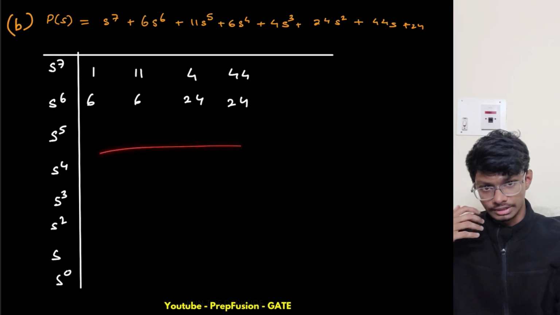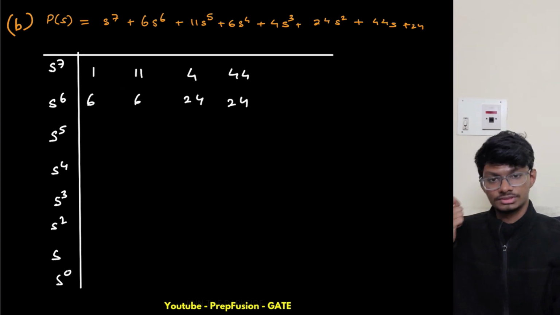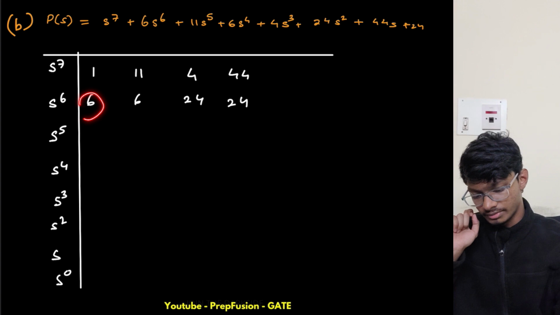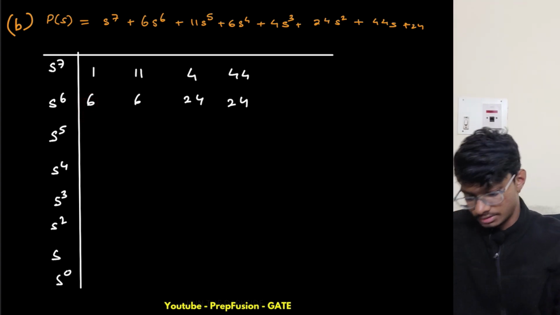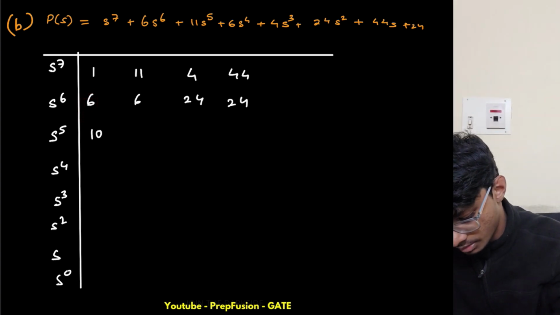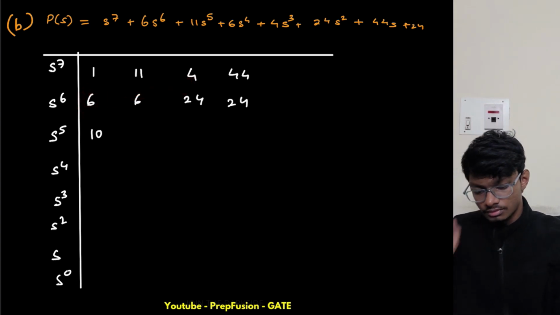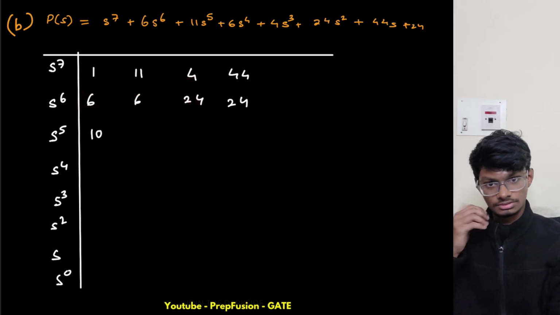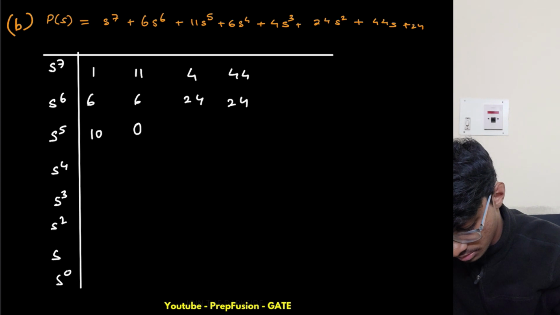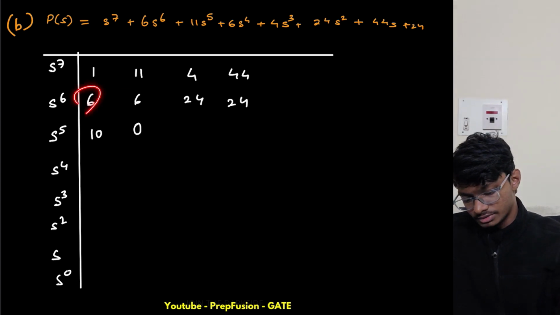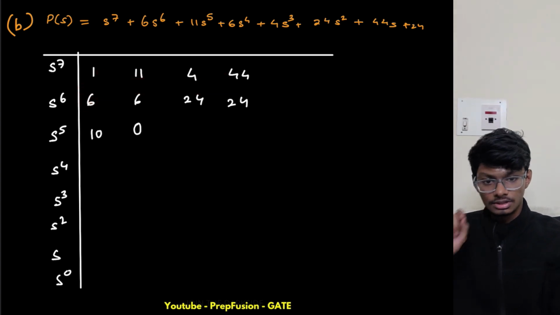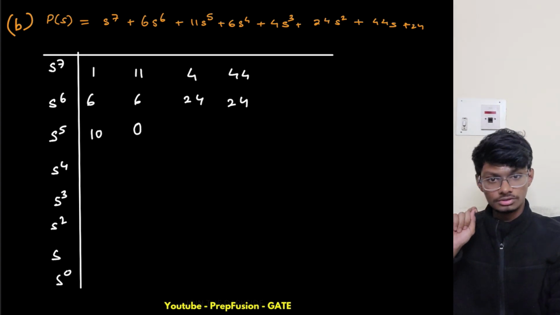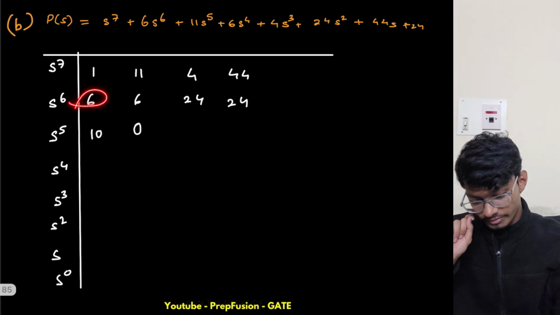Now let's compute. 6 times 11 is 66, minus 6, that is 60, divided by 6. 60 by 6 is 10, right? So 10. Now 6 times 4 minus 24, that is 0, so 0. Now I have 6 times 44 minus 1 times 24, and we have to divide by 6 also.